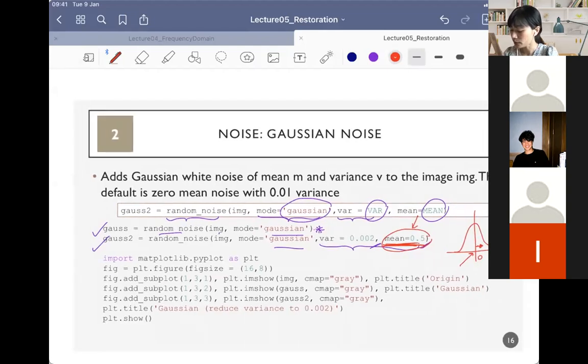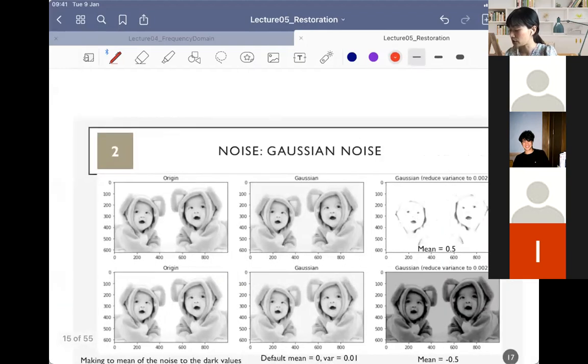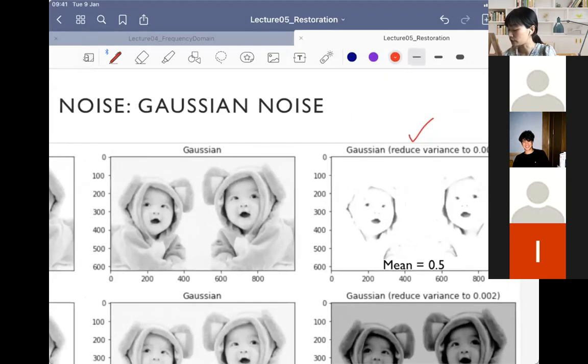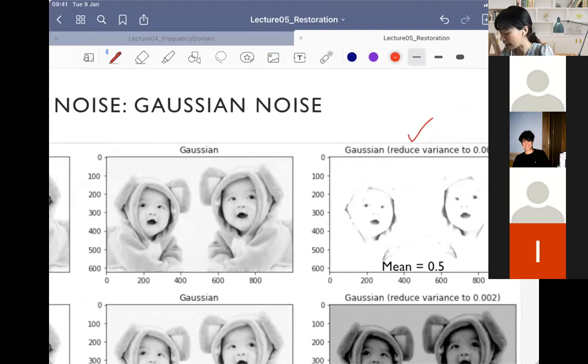So when I apply this type of noise on the image, you can see the image now includes the Gaussian noise and shows a brighter color. Oh, it's quite too bright, right?